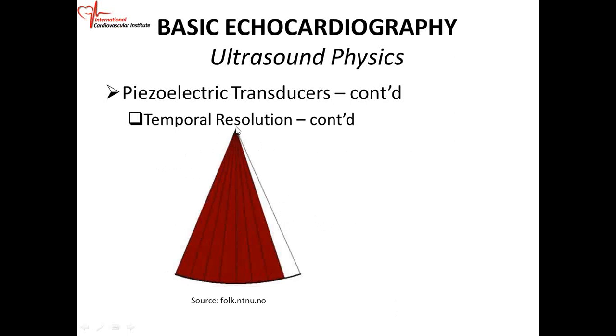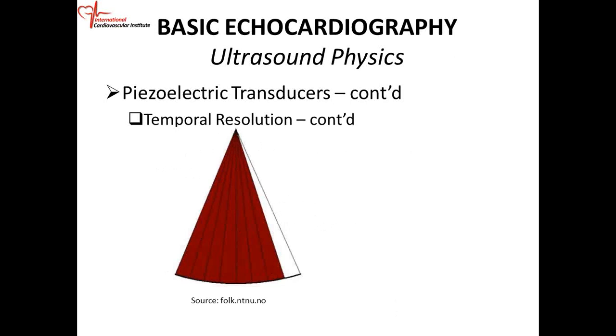But each of these lines represents an incident wave and a reflected wave, because when you turn your transducer on and produce the ultrasound wave, it will have to travel to the structure. That means it's incident, so it's an incident wave.